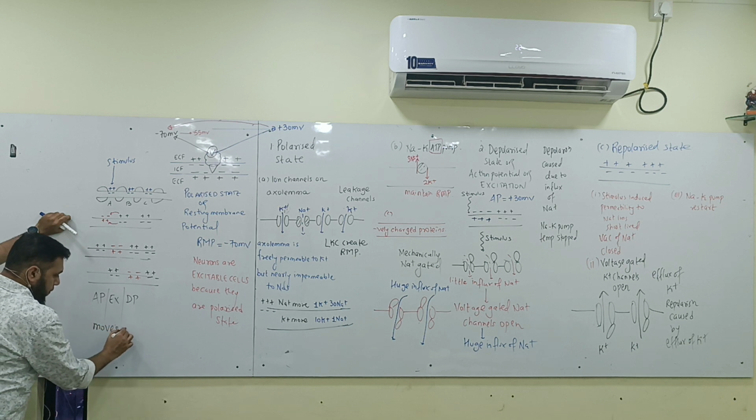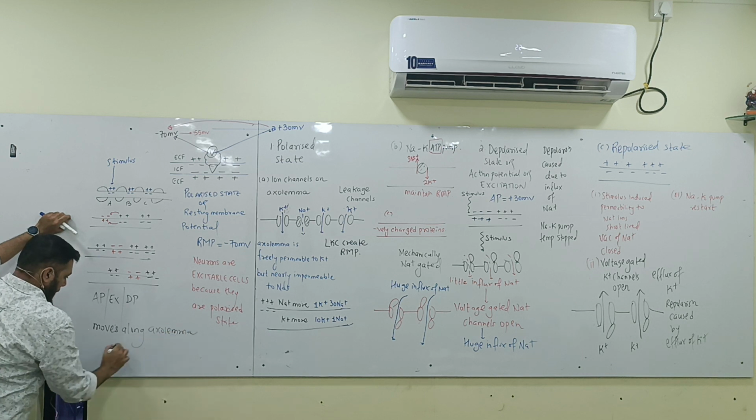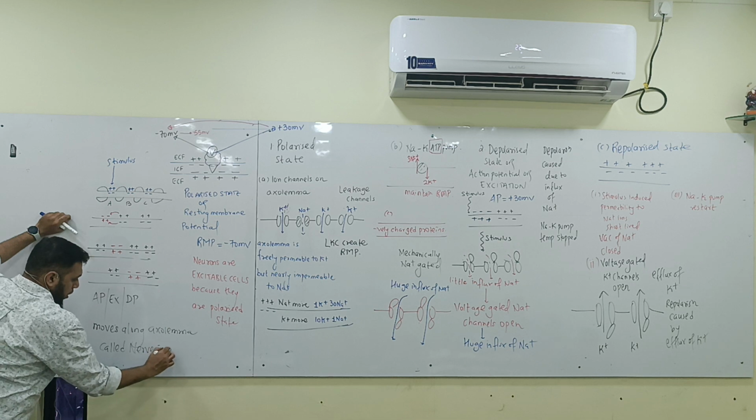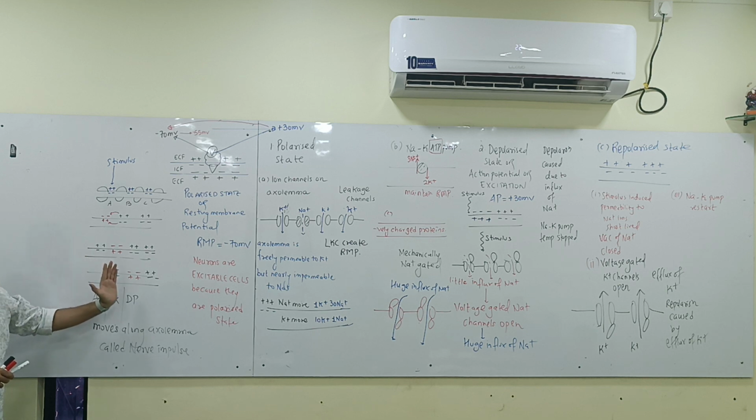Can I say it moves along the axolemma, and that is called a nerve signal, or a nerve impulse, which is an electrochemical signal. It is not an electrical signal. In an electrical signal, electrons move along the wire. It is an electrochemical signal where the action potential is conducted forward due to sodium and potassium ions. Did you get my point?